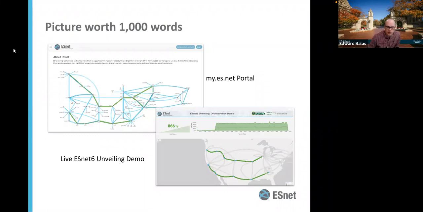In both cases, we're showing the network status as you might have observed it during our live ESnet 6 unveiling back in the fall. You can see there's 2 parallel flows going from the Midwest to the West Coast.